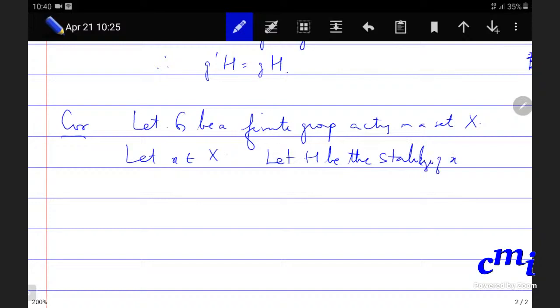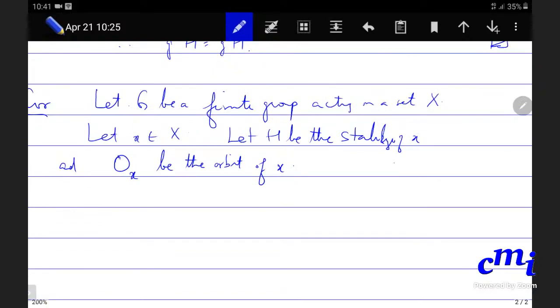And now onwards, I'll just write O sub x for the orbit of x. Actually, it's just a piece of notation, but I would like to avoid using it in this lecture. Some textbooks use G dot x for the orbit and G sub x for the stabilizer.